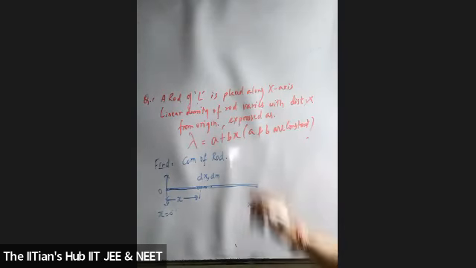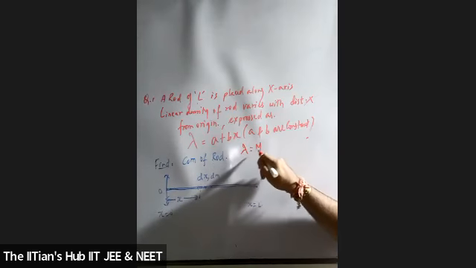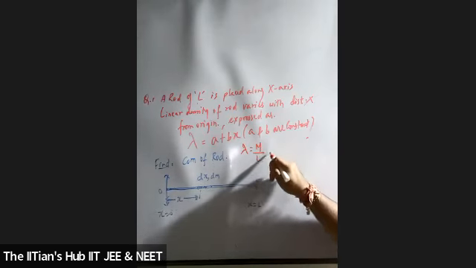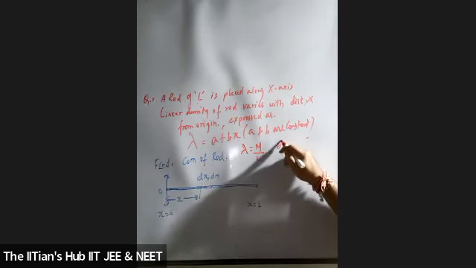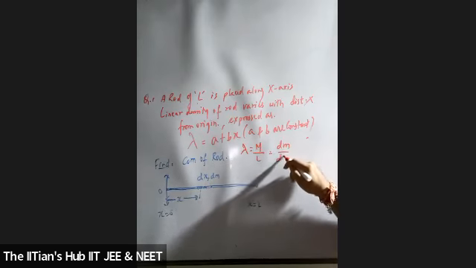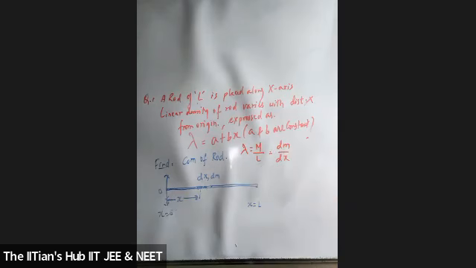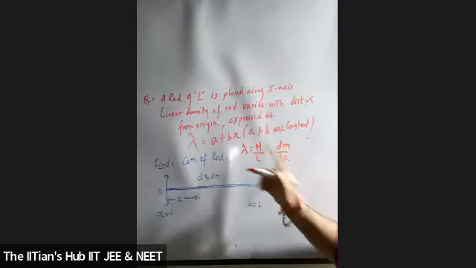Students, what is lambda? So lambda is linear mass density. What is lambda? So mass of the entire rod is capital M, length is L. अगर मैं element लेता हूँ तो element का mass क्या होगा? dm, उसका length कितना होगा? dx. है ना students?